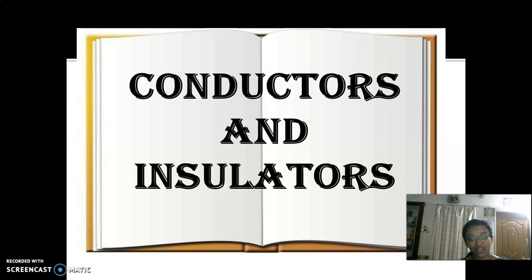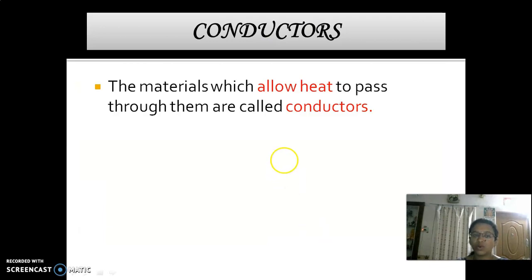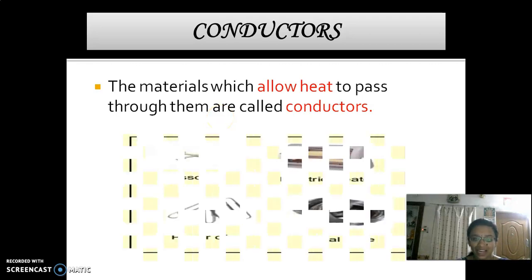Conductors and insulators. The materials are divided into two types based on the heat content. They are conductors and insulators. The materials which allow heat to pass through them are called conductors.